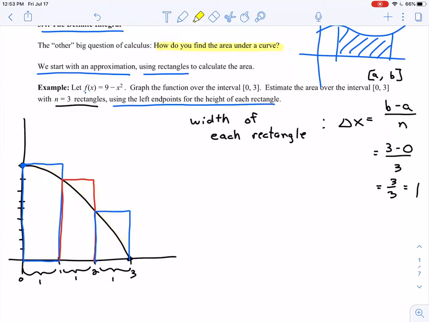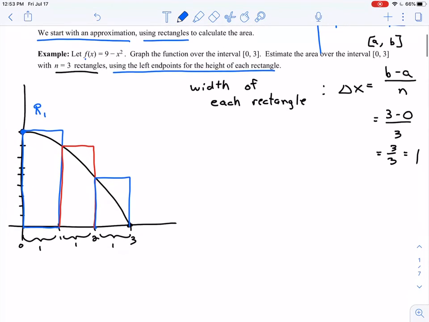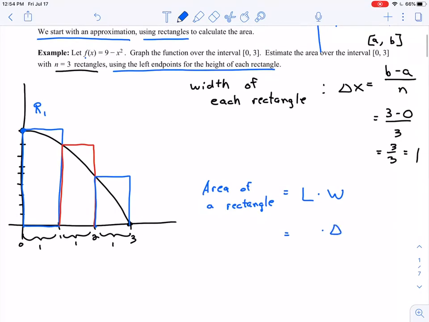So let's break this down into 3 parts here. I'm going to call this first, leftmost rectangle, rectangle 1. If I want to find the area of rectangle 1, let's just think about the area of a rectangle, which is given by length times width. The width we said was delta x, which is just 1.